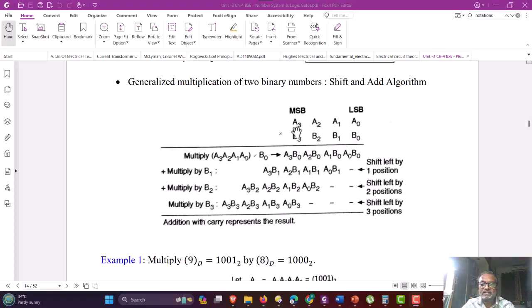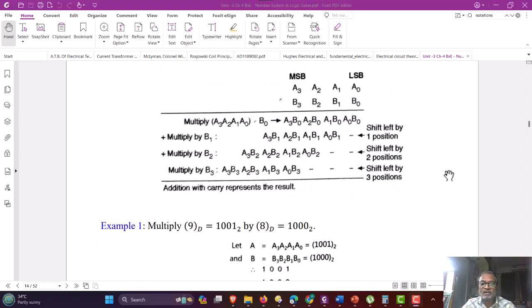This bit is at the fourth position, so we shift the partial product by 3 positions and write it. After writing the partial products, we add them column by column, and the result obtained is the multiplication of the two numbers.